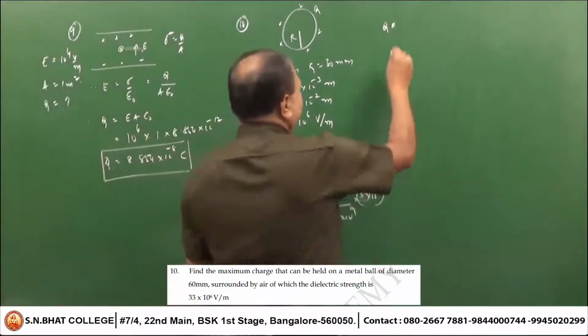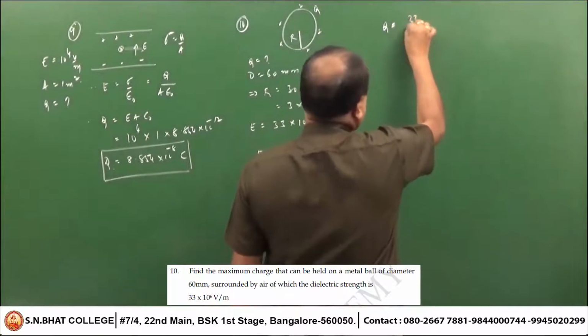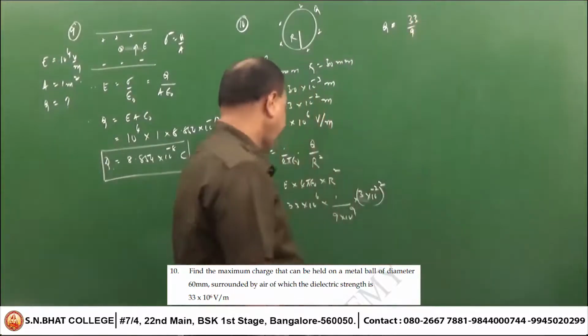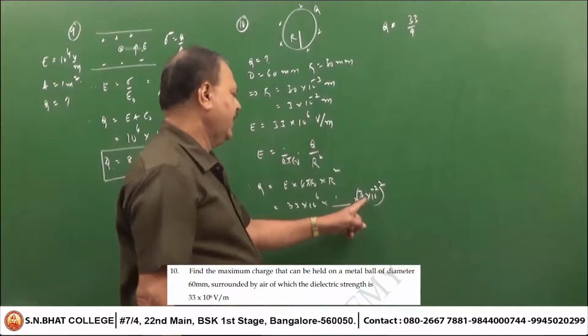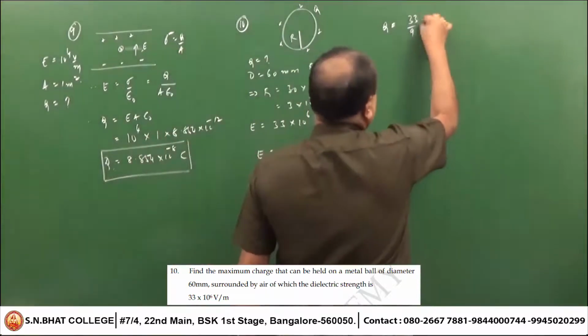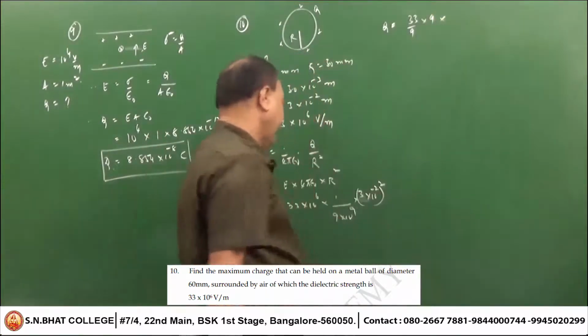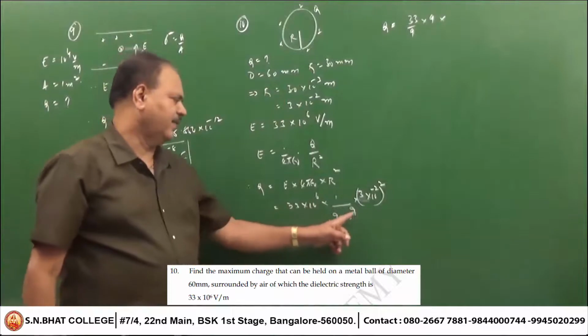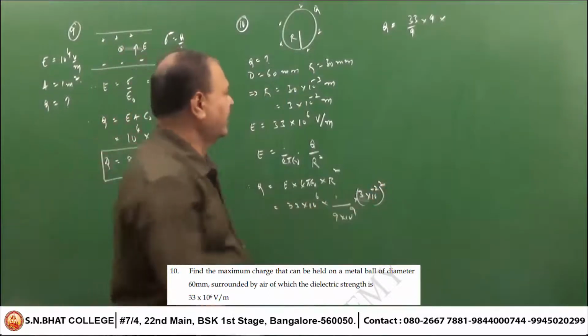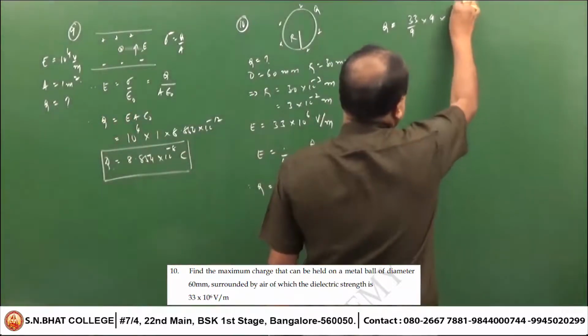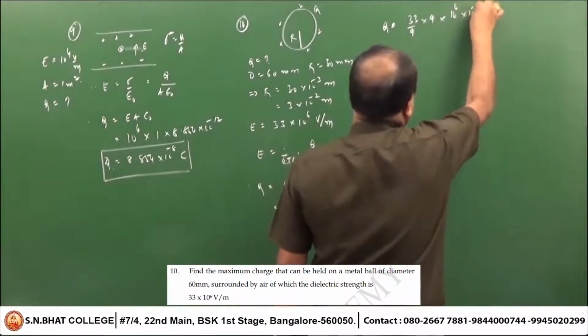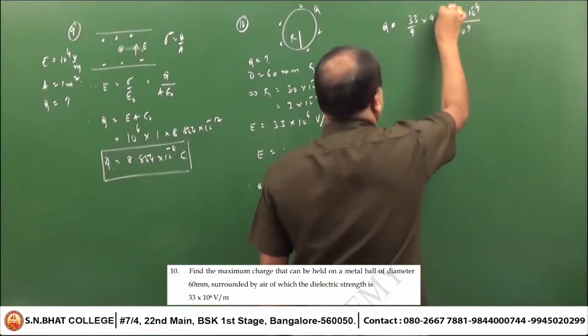Therefore rearrange the terms. 33 divided by 9. Look here, 3 square is equal to 9. Look at the powers, here 6, here 9, here -4. Therefore 10 to the power of 6, 10 to the power of -4, 10 to the power of 9.